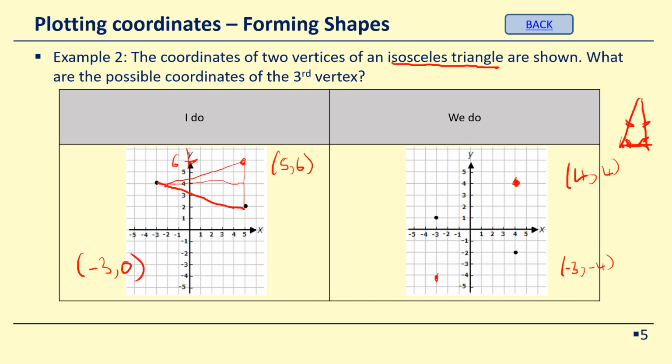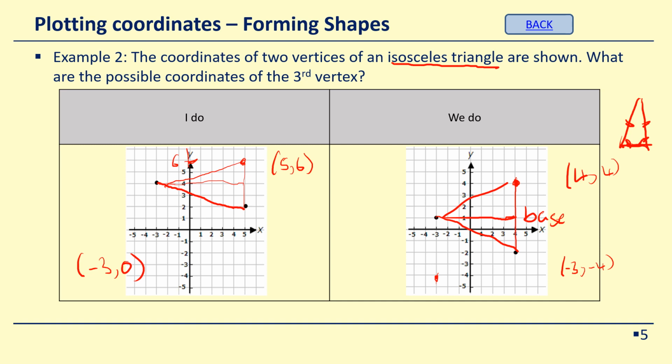Your isosceles triangle either looks like this, where this is the base, so you have to use your imagination and tip it up. These are the 2 equal sides, because if I do a perpendicular line down the middle, I've got 3 that way and 3 that way.